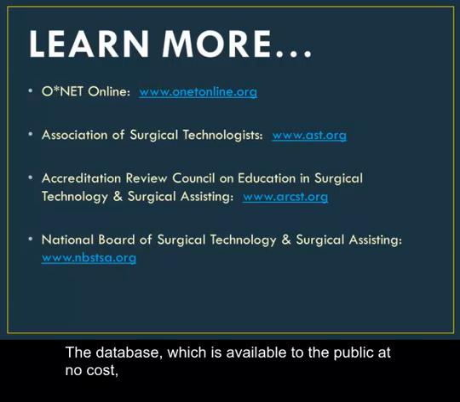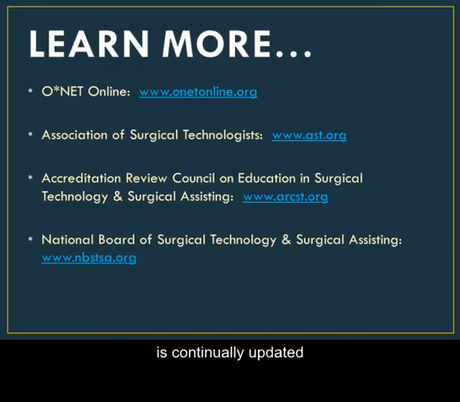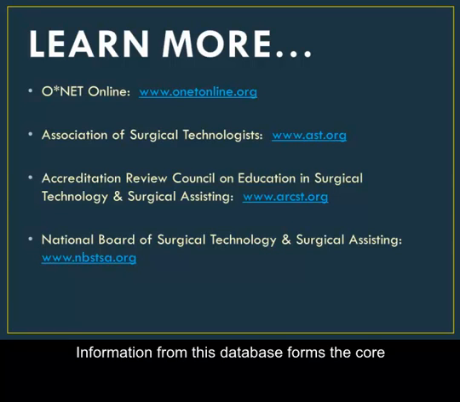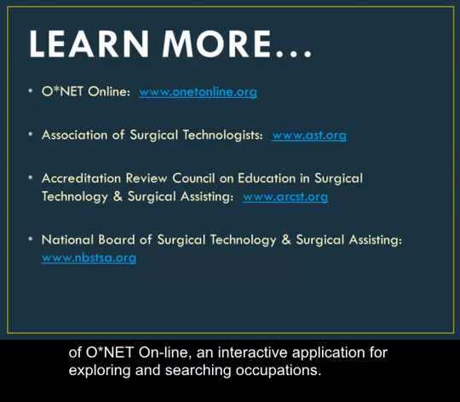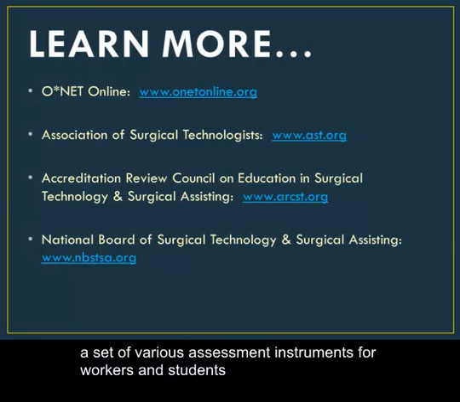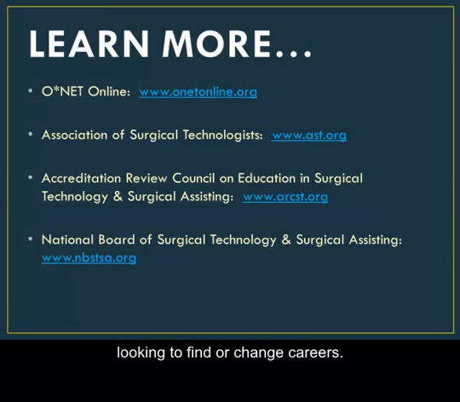The database, which is available to the public at no cost, is continually updated by surveying a broad range of workers from each occupation. Information from this database forms the core of ONET Online, an interactive application for exploring and searching occupations. The database also provides the basis for career exploration tools, a set of various assessment instruments for workers and students looking to find or change careers.